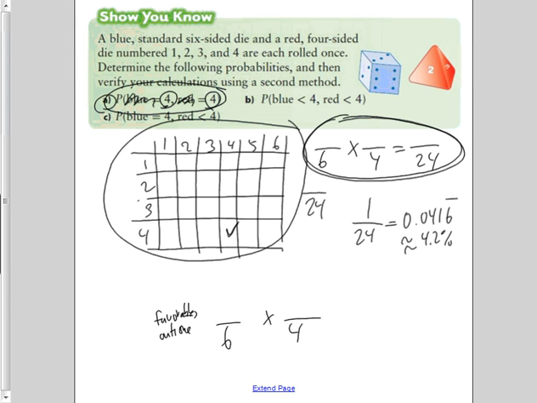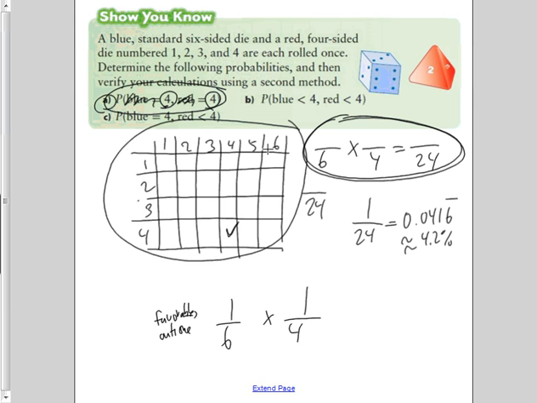How many were there? It had to be a 4, right? So how many of those combinations were a 4 on that first dice? How many of the choices on the six-sided dice were a 4? 1. So the favorable outcome on that six-sided dice was just 1 chance out of 6 to roll a 4. How many chances on the four-sided dice to roll a 4?